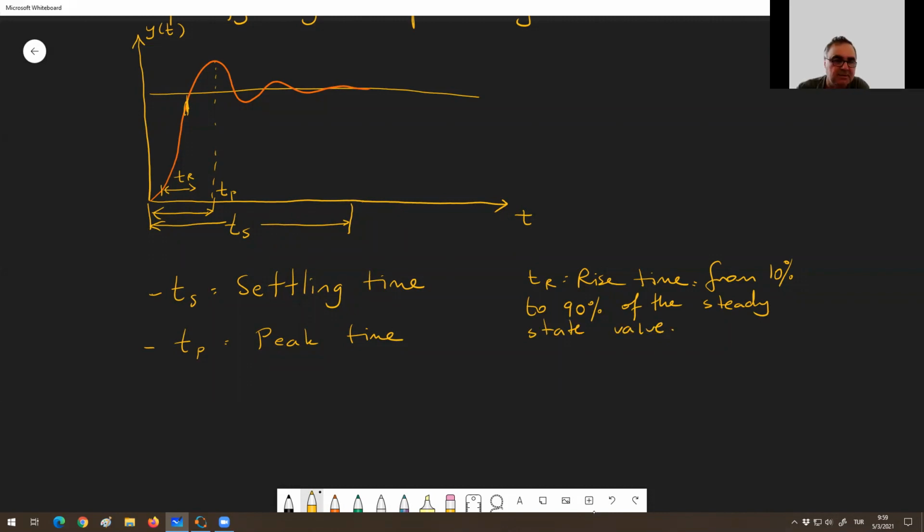TR is another thing. Another important thing is this overshoot. This quantity, which we will call MP, is called the maximum overshoot.